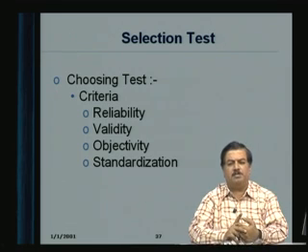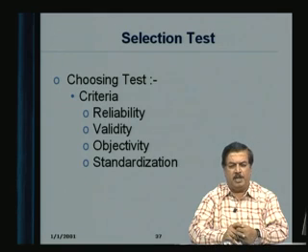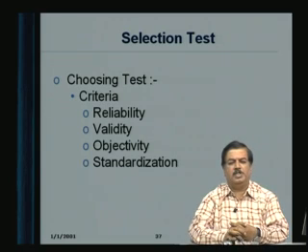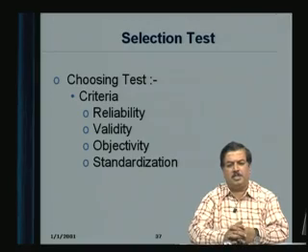Standardization in terms of whether it can be applied to different groups, or is only applicable to school children between the age group of this and that. So, which is the population in which the details have been obtained, and whether it is specific to that group or could be applied to other groups as well.